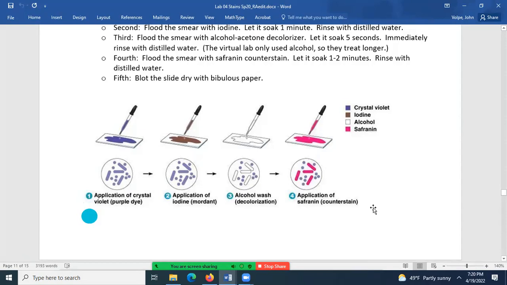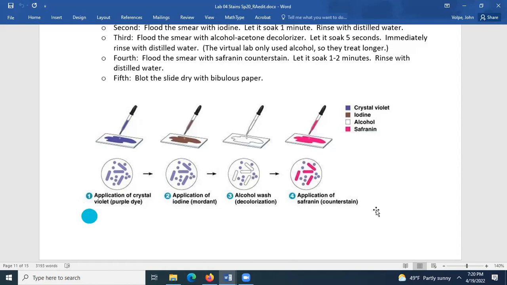And then you can blot the slide with bibulous paper, put the slide inside, and then fold the bibulous paper over. Bibulous paper is very thick paper, almost like cardboard, a little thinner, and it's very absorbent, and it will pick up the water.